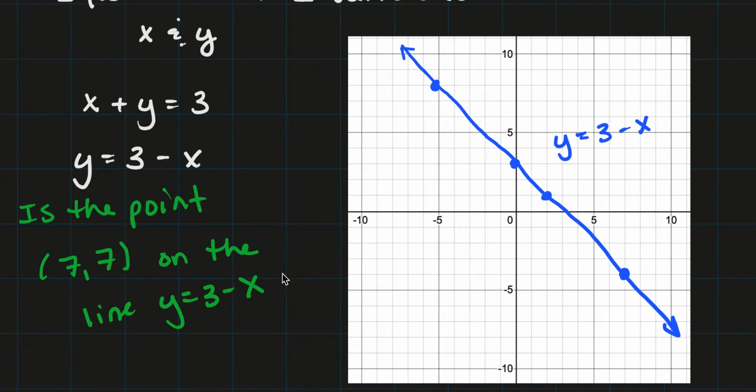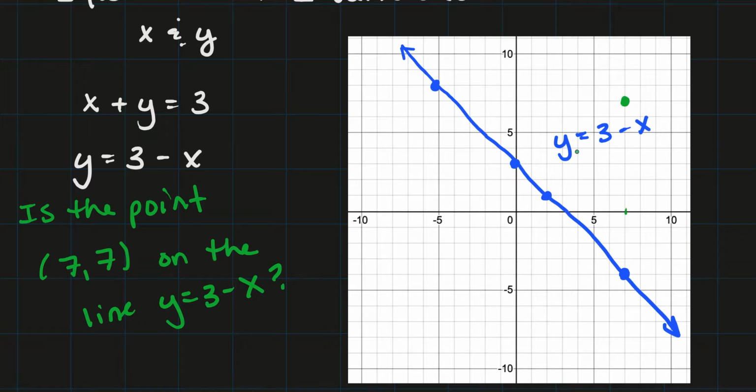I could write it as y is equal to 3 minus x, or x plus y is 3. Well, visually, you can look at this graph. Now that we've plotted it, you can see that 7, 7, where is that? 7 is here, then we go up 7, which I think is right here.